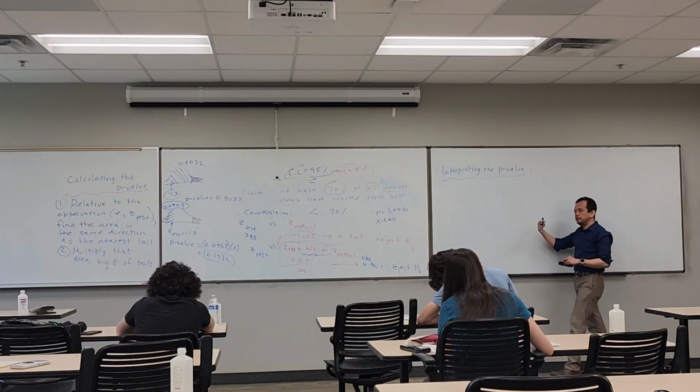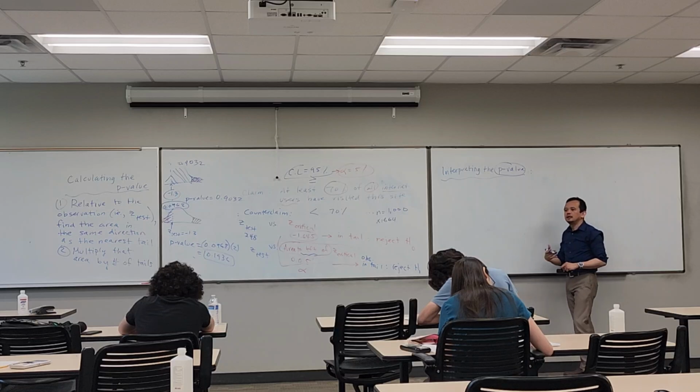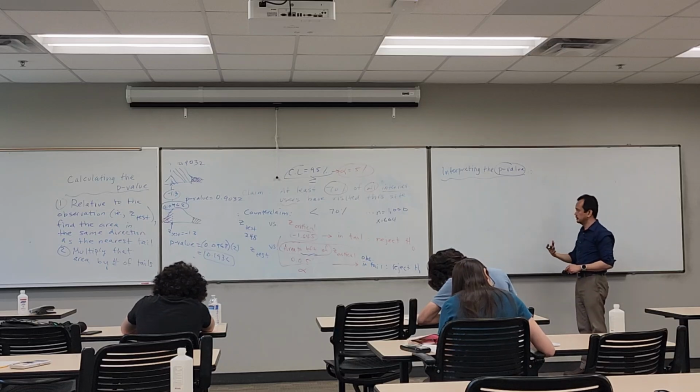Remember, the whole meaning of the p-value is that it's the number that you use to compare directly to alpha to determine whether the observation is in the body or the tail.